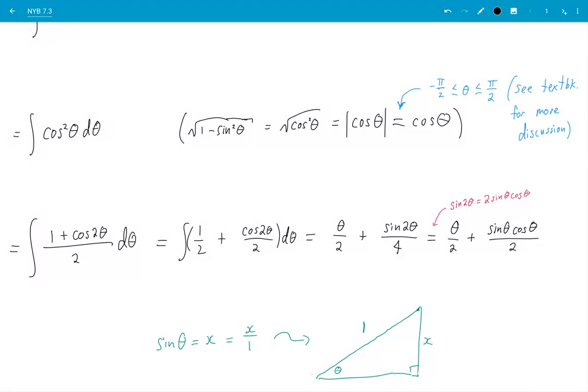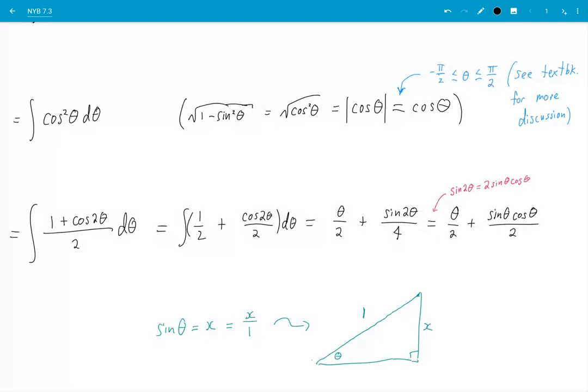Now, x is equal to sine theta, and x is just x over 1. Now you'll remember that sine theta is opposite over hypotenuse. So you can draw a hypothetical triangle here with your angle, your x, and your 1.